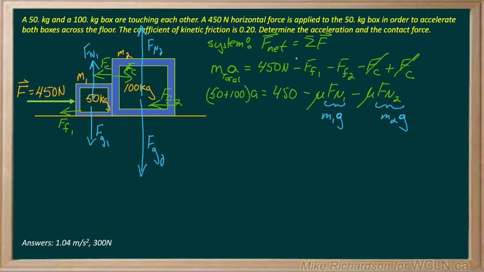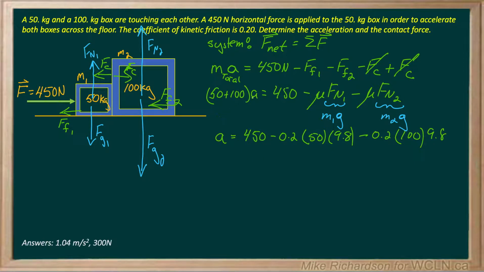So when we do all our substitutions and solve it for a, we end up with an equation that looks like this. My acceleration will be 450 minus mu, now mu is given as 0.2, times mass 1 times 9.8 minus mu times mass 2 times 9.8.